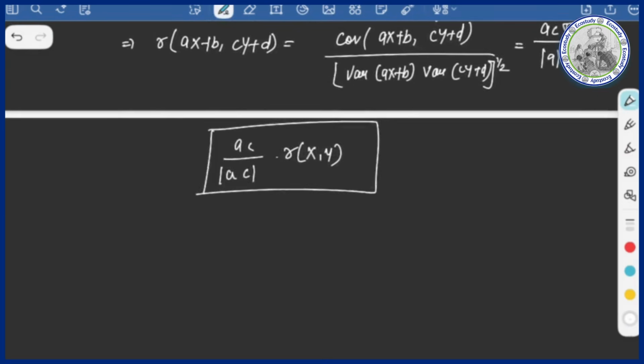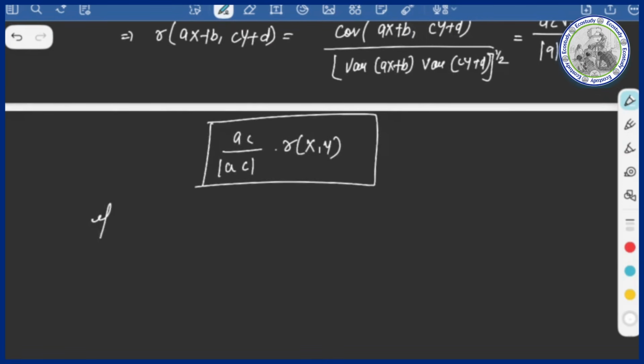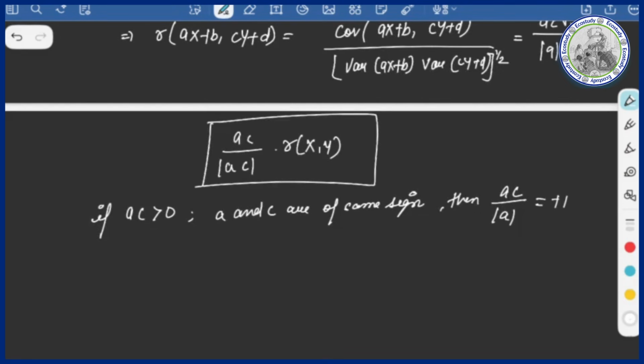Now if ac is greater than 0, that is, a and c are of the same sign, then ac divided by modulo of ac is equal to plus 1.